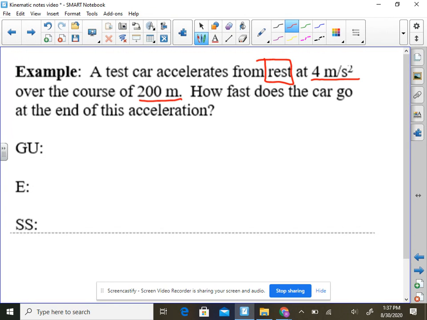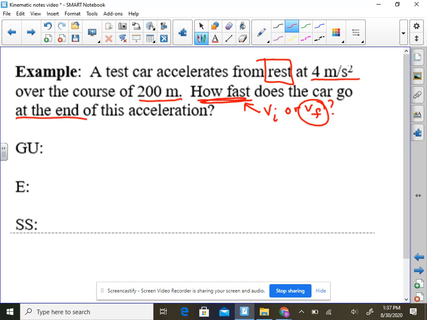And then for my unknown, I want to know how fast does it go at the end. And so when I see how fast, I know they're talking about a velocity. And I know it could be initial or it could be final velocity. And because it says at the end of this acceleration, we're looking for the final velocity.